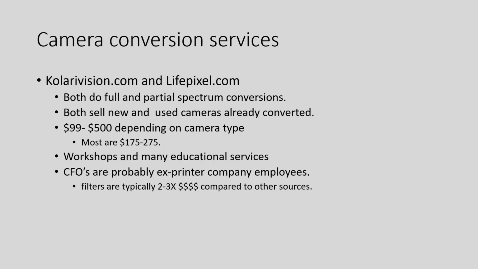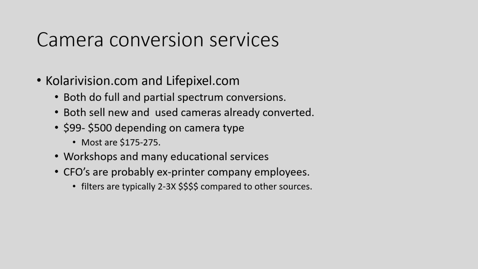If you're ready to take the jump into infrared digital photography and want to get a camera converted to IR, the two main companies that provide this service are Kolari Vision and LifePixel. Both do full and partial spectrum conversions along with recalibration of focusing. They also sell both new and used cameras that they have converted to infrared in their shops.